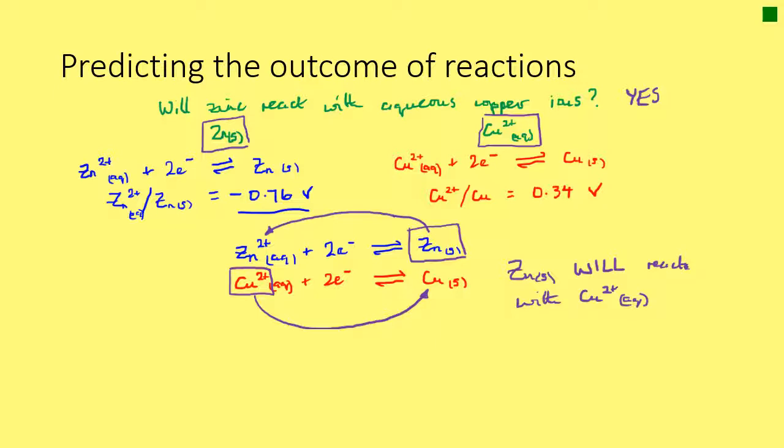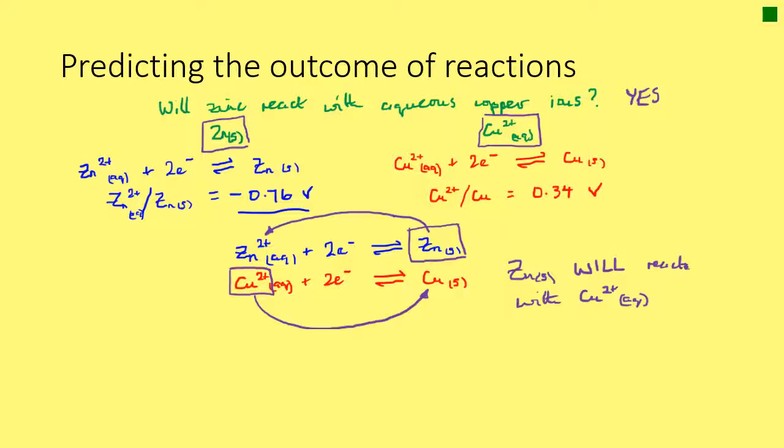As far as zinc is concerned, let's put zinc in blue. The half equation written in the reduction direction is zinc 2+ aqueous accepts 2 electrons and you end up with zinc.